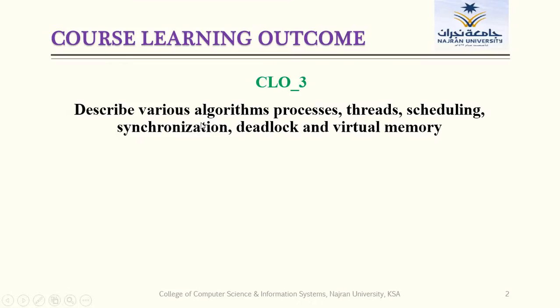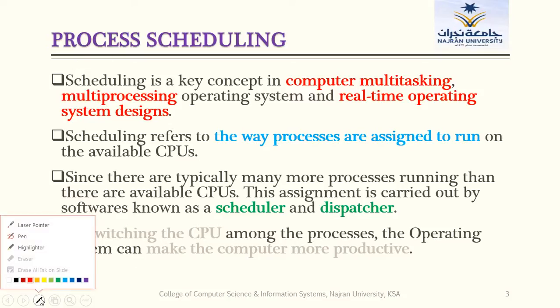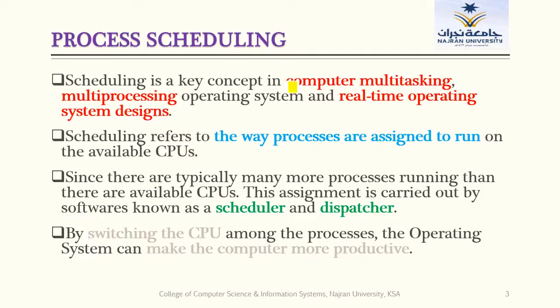In the first session, we started our discussion from process scheduling, and we said that process scheduling is the key concept in computer multitasking, multiprocessing operating systems, and in real operating system design. And what is process scheduling?